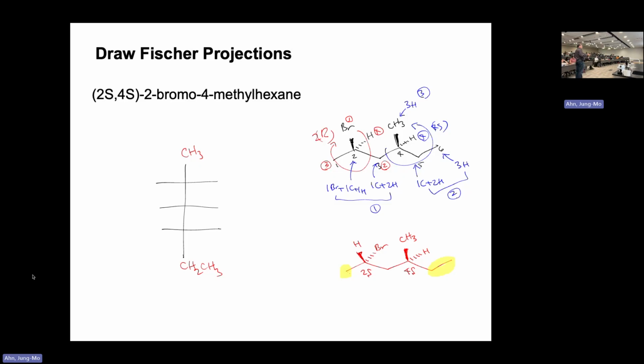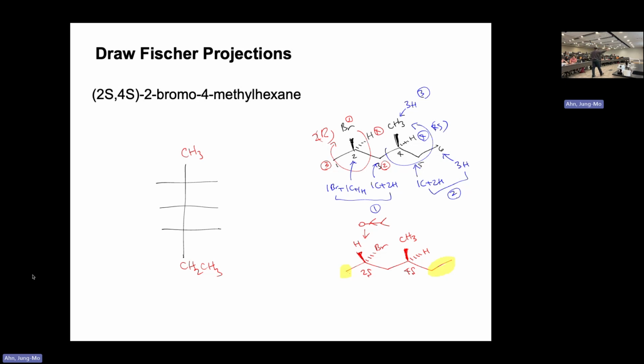If I set it that way, then now you know how to look at the molecule. Should I look at the molecule from the ceiling? Yeah, because the 2 vertical lines have to go away from you, so you have to look from the ceiling, looking down. Bromine is behind the screen, right?